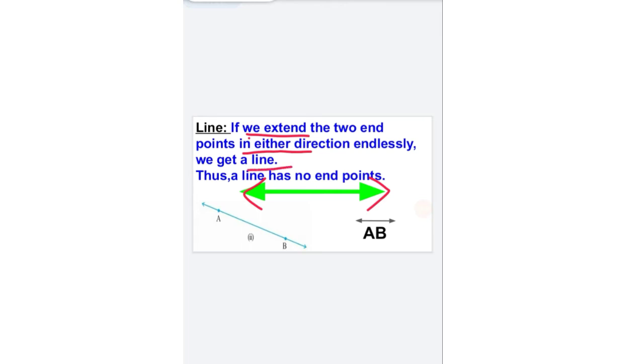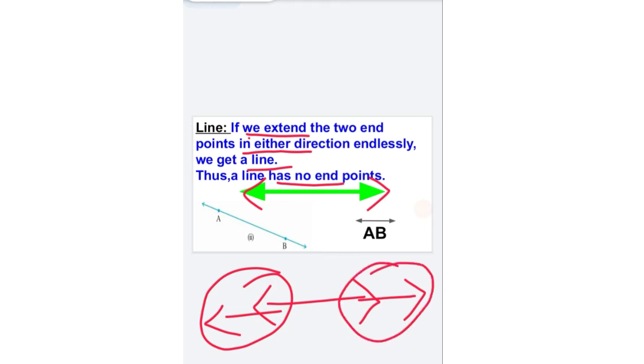So a line has no endpoint, because both of its sides can be extended endlessly. That is why we cannot call them endpoints, because the line does not end at these points, it can be extended endlessly.